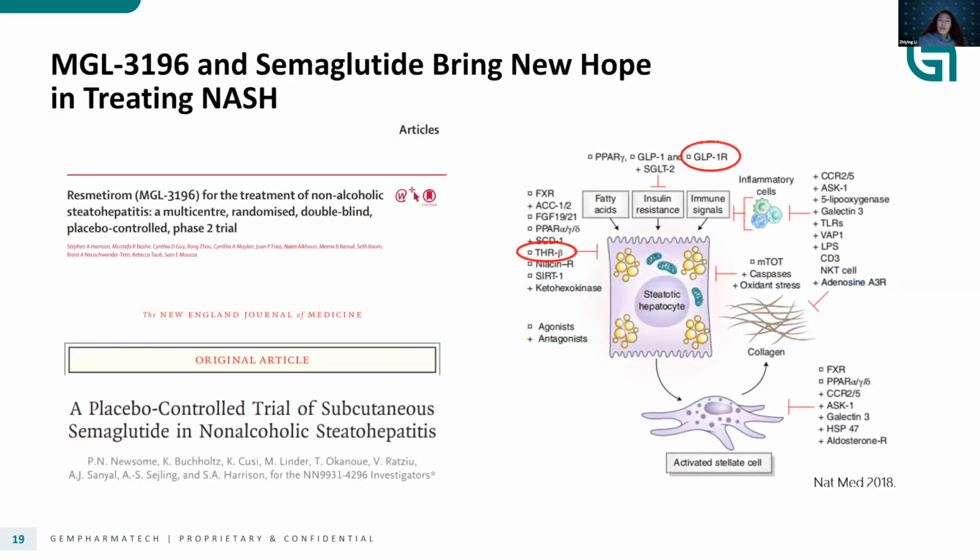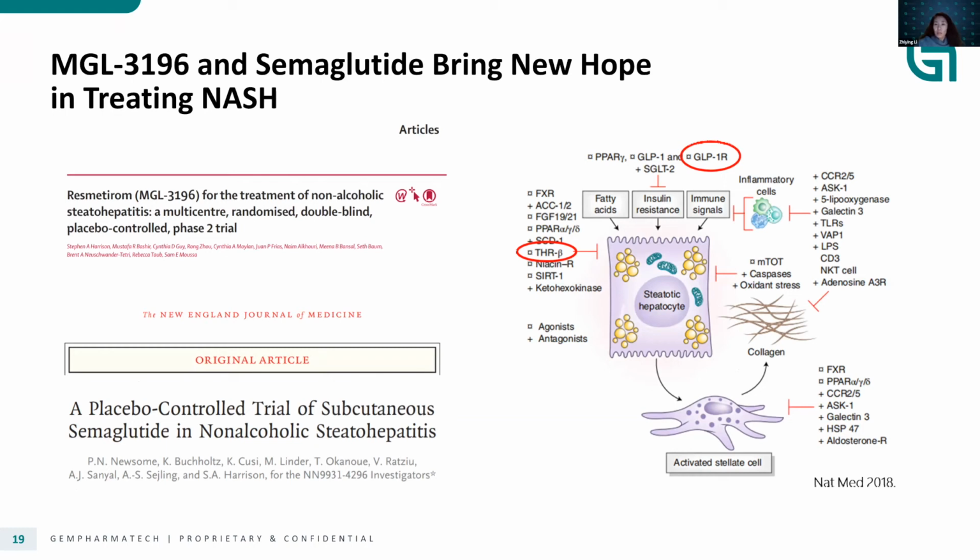So in this one, as a proof of principle, we took advantage of 2 very promising phase 2 to phase 3 clinical trial articles, which are MGL 3196 and semaglutide. These 2 drugs were developed for 2 different indications.